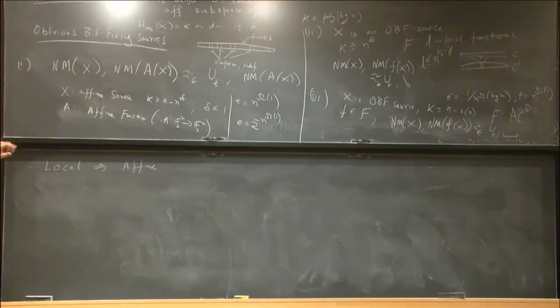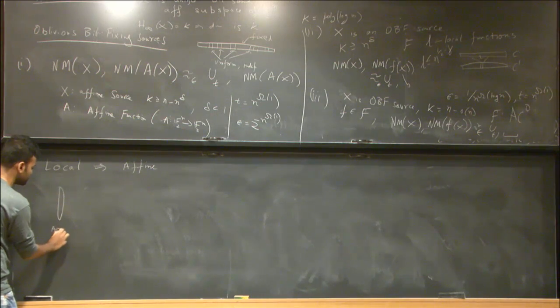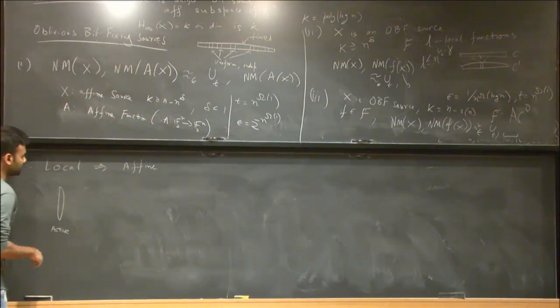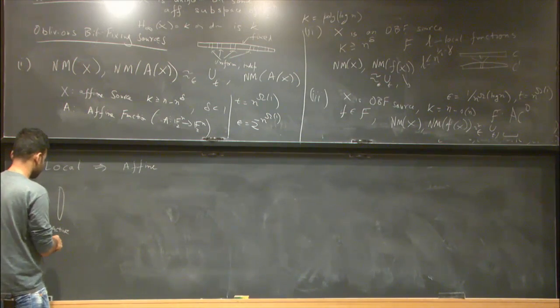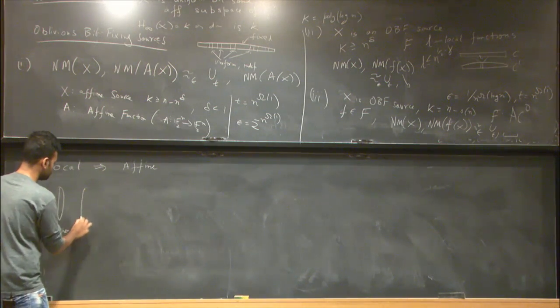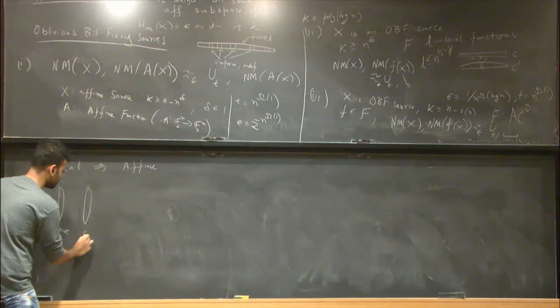So there are some bits, let these be the active bits. By active I mean the bits which are uniform and independent, because it's an oblivious bit fixing source. And these are the output bits.